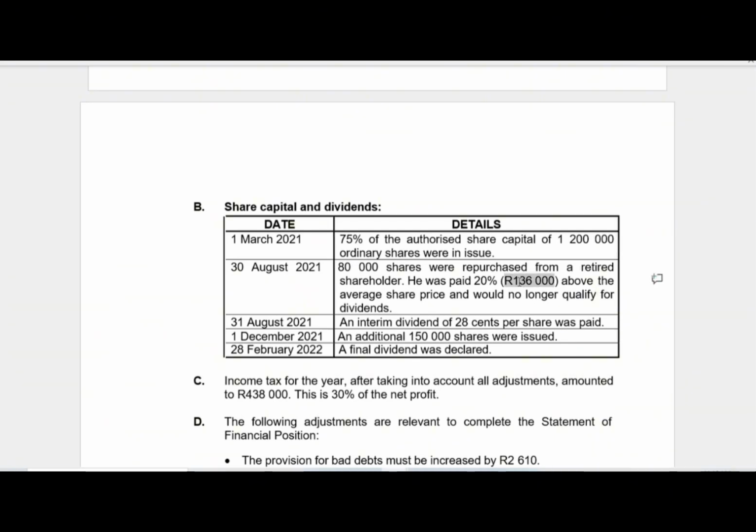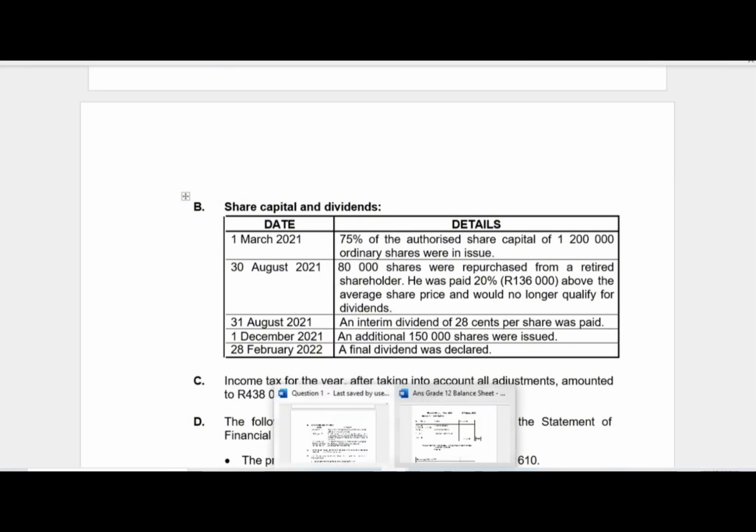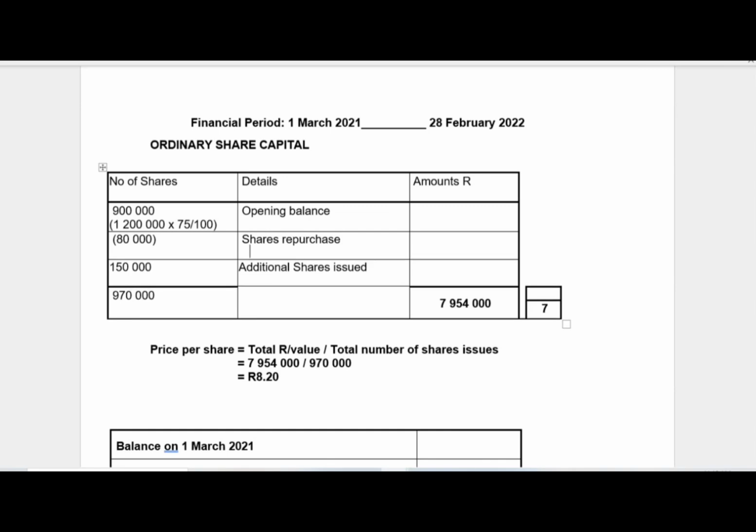We need the 100% rand value of these 80,000 shares. To check that, they gave us 136,000, which is 20%, multiply by 100%, not 20%, because I have got 20% of the value. I don't know if you get my point there. And then let's see how much we are getting.